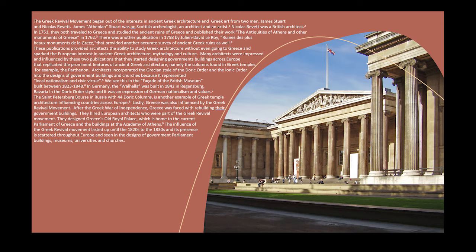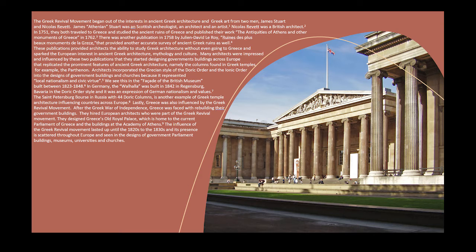In Germany, the Walhalla was built in 1842 near Regensburg in Doric order style, and it was an expression of German nationalism and values. St. Isaac's in Russia, with 44 Doric columns, is another example of Greek temple architecture influencing countries across Europe.